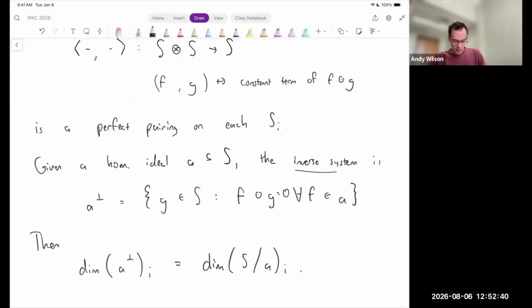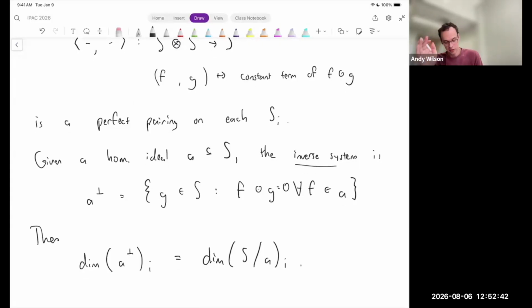So the idea is basically that if you have a quotient ring you want to look at, and you really only care about its graded vector space structure, you don't really care that it's a ring, you could look at this inverse system instead, and you get the same graded vector space information, right? And since I haven't really been multiplying in my quotient rings so far, I might as well try this, right?